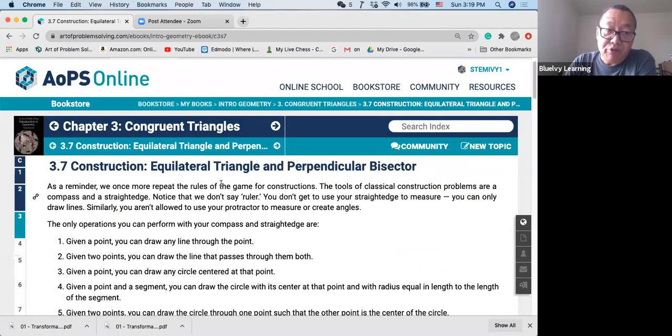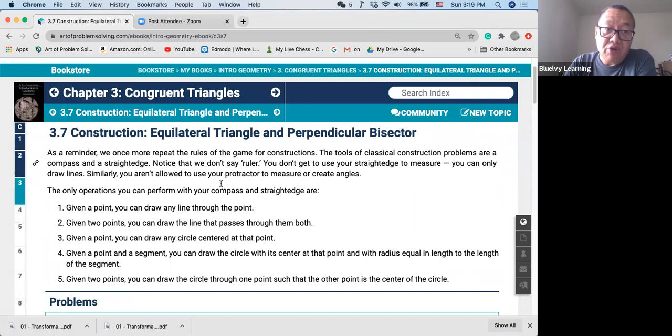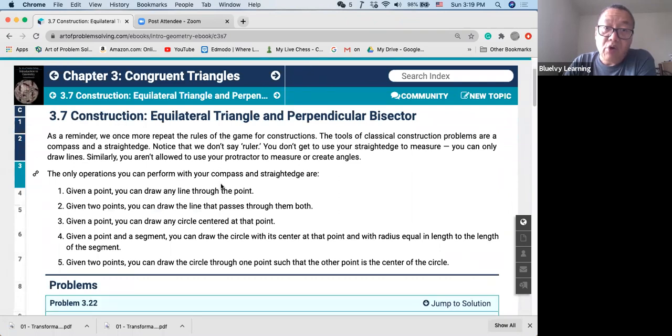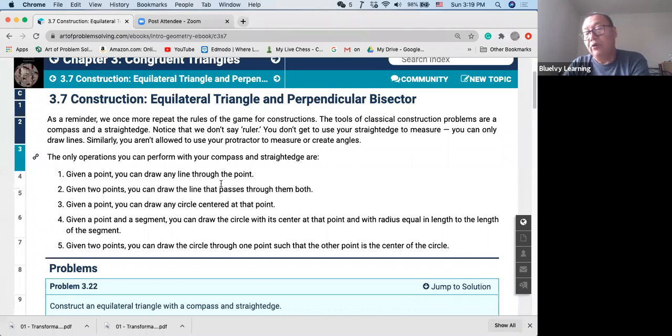This one, we try to construct an equilateral triangle and perpendicular bisector. What you can use is only compass and straight edge.